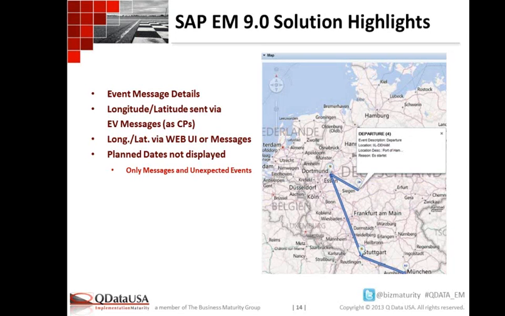An interesting thing: the geo-coordinates, if you do an integration with an ECC system, they're stored in different formats between ECC and EM. Also, the EM coordinates that are available on the location master data are again a different format than what the geo coordinates on the map require.